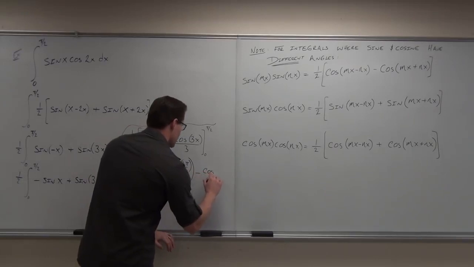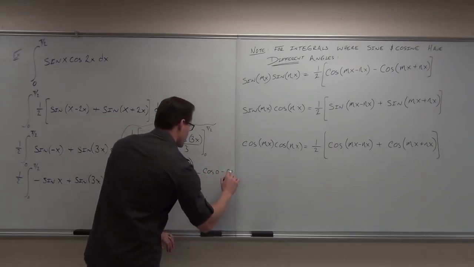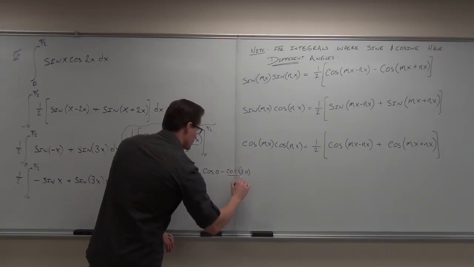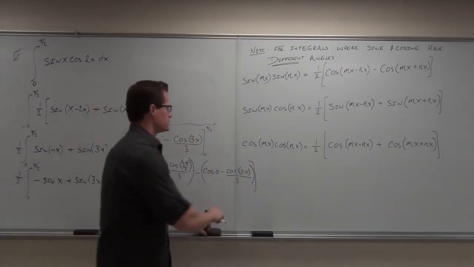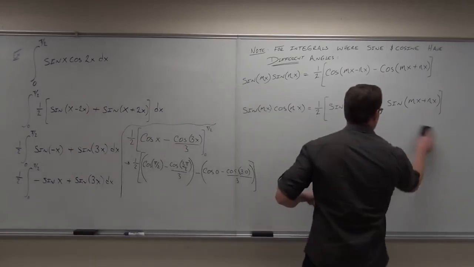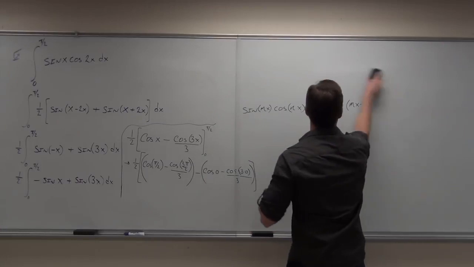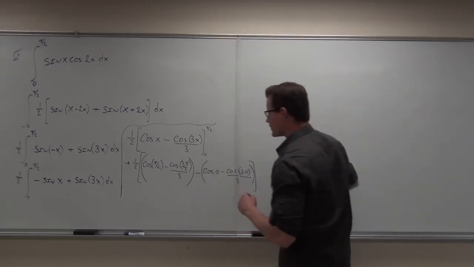Minus cosine of 0 minus cosine of 3 times 0 over 3. What about the 1/2? Oh, it's still in the bracket. I don't think I forgot anything, but you let me know if I have. Have I forgot anything? No.